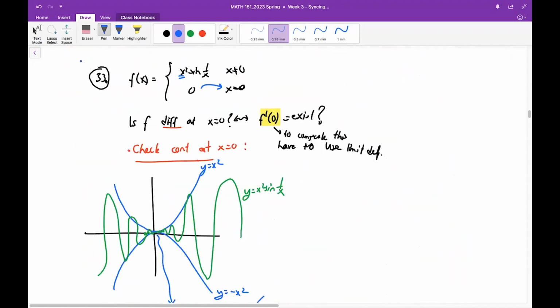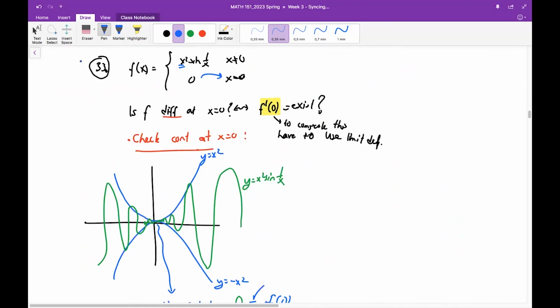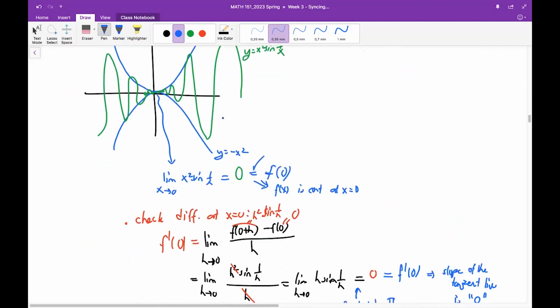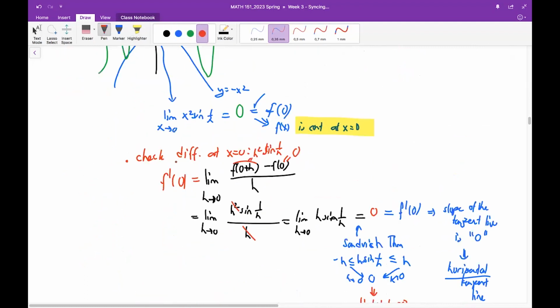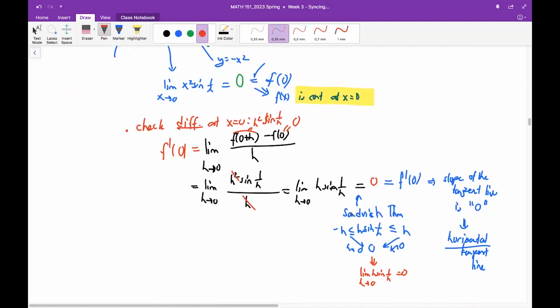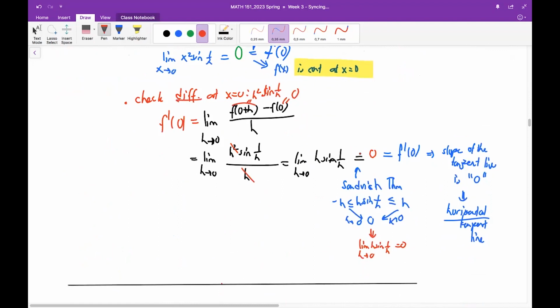To check differentiability, we first check continuity. After seeing that your function is continuous at the origin, only then can you check differentiability by using the limit definition. This limit turns out to be 0, so the slope is 0, so there is a horizontal tangent line there.